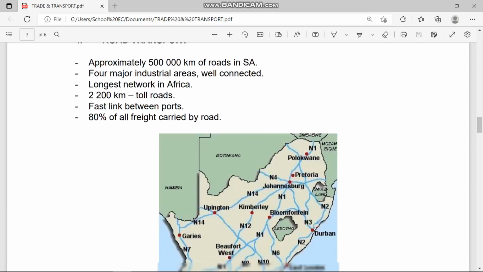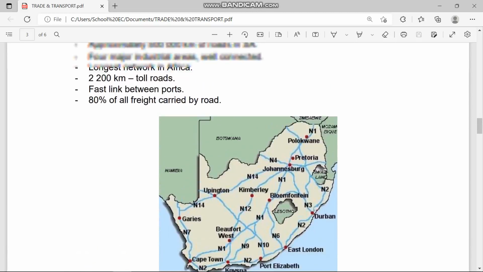Let me make an example of Cape Town. You can see that there are many national roads going to Cape Town, meaning that different areas take their goods and services to Cape Town so they can be shipped to other areas.